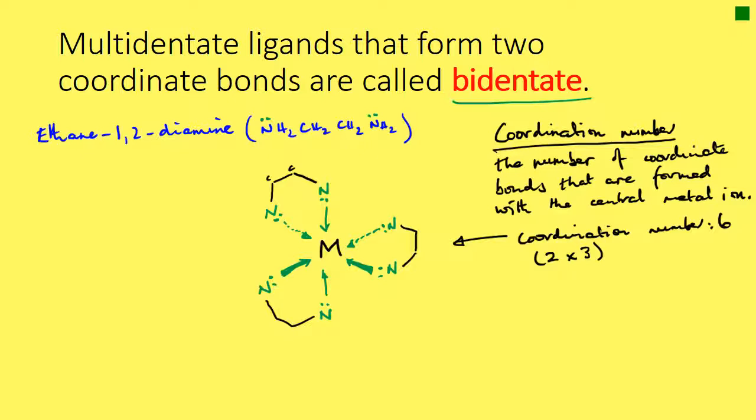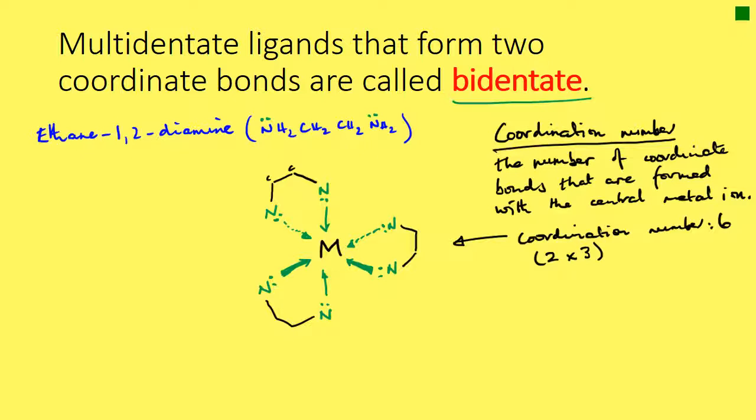Oops, that should be in green. So our other nitrogen's here with its lone pair, and it also is out of the page, and the bond is forming back towards the metal ion like that. So that last one is supposed to be out of the page, bonding away from us back towards the metal ion.